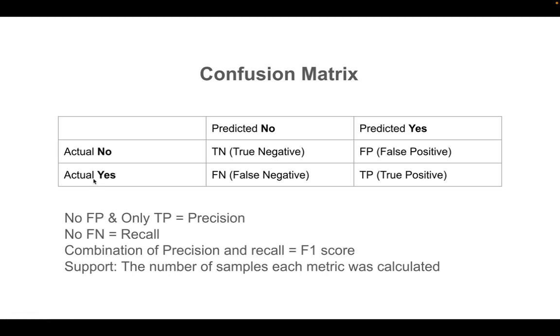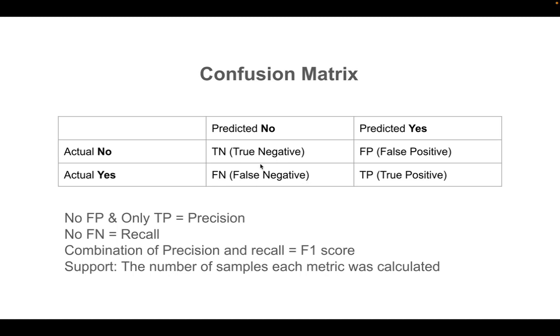And if the person actually has a heart disease and the prediction is no, this is a false negative. So basically there is a heart disease and we are telling the patient that you don't have a heart disease. That is absolutely wrong. And if the person has a heart disease and the prediction is also yes, that is true positive. So, no false positive, only true, this is called precision.